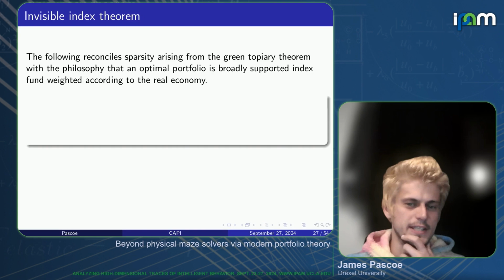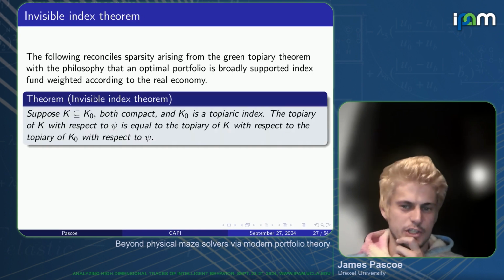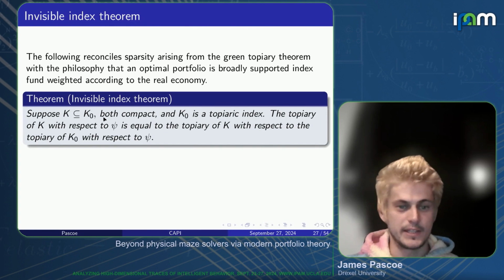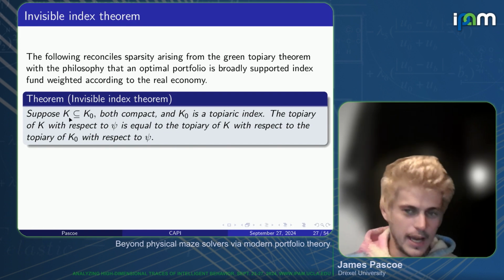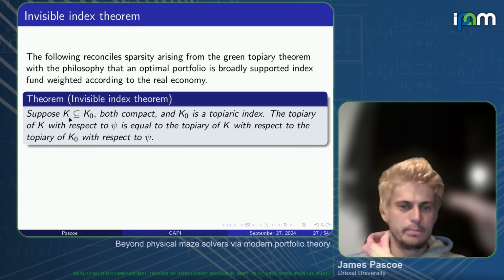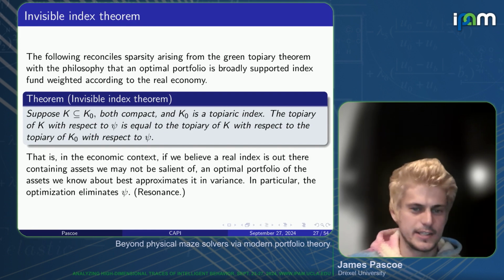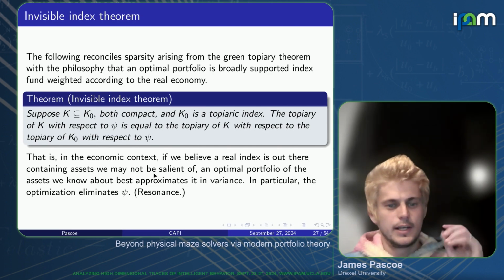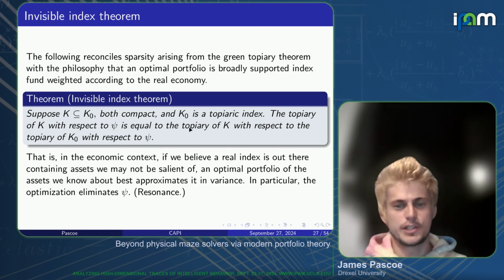But what's interesting is this is related to a salience issue. If I have a set that's contained inside an index, and I take the optimal portfolio from that smaller set of assets, then I'm going to get something that best approximates the variances of the optimal portfolio that exists for this topiaric index.